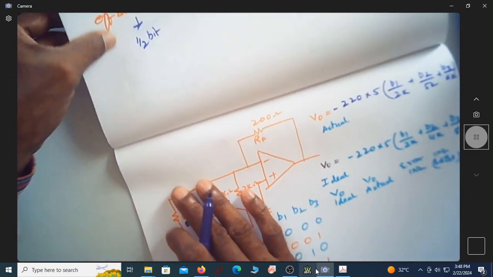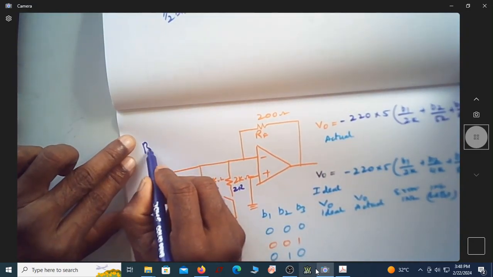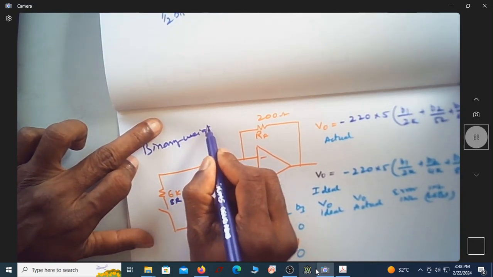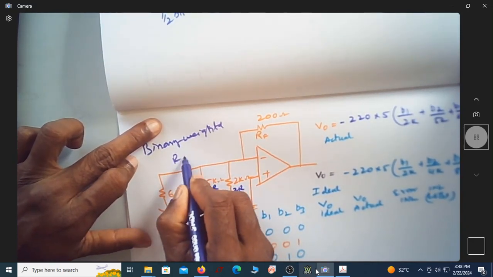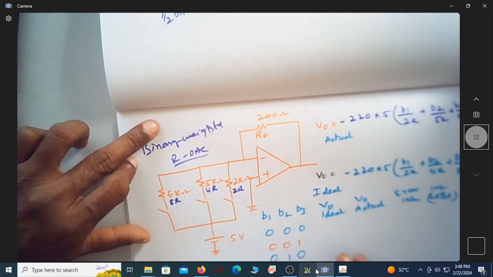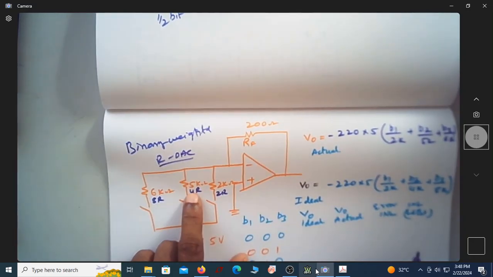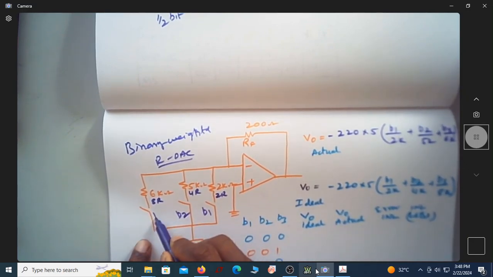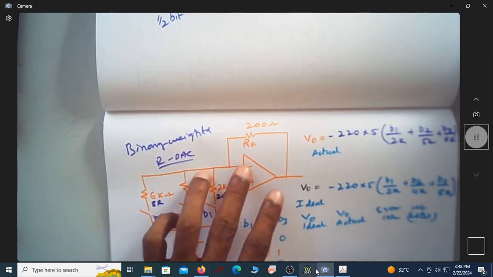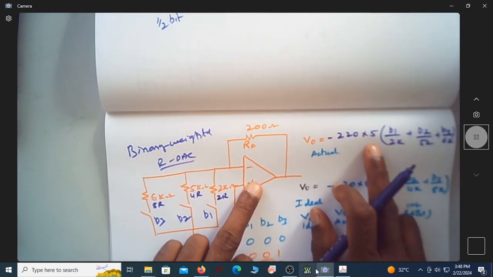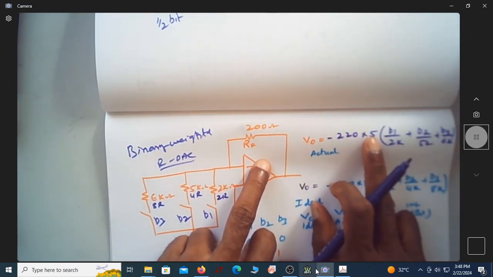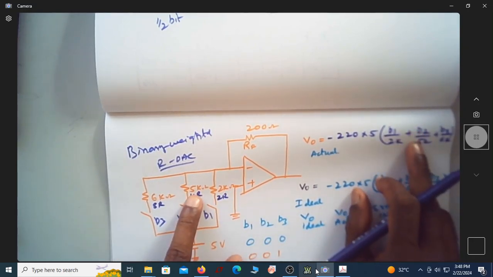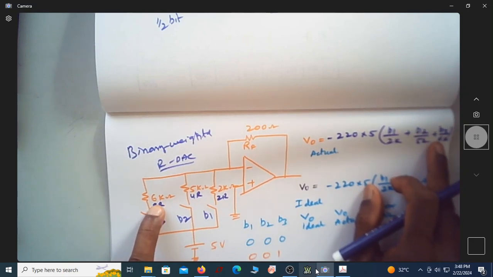Let us see what this is. Now this is a binary weighted R DAC. We know that this is 2R, 4R, 8R, and this happens to be the LSB. This is the next bit, this is the LSB. So the actual output is given by V reference into RF by B1 by 2K, B2 by 5K, and B3 by 6K.